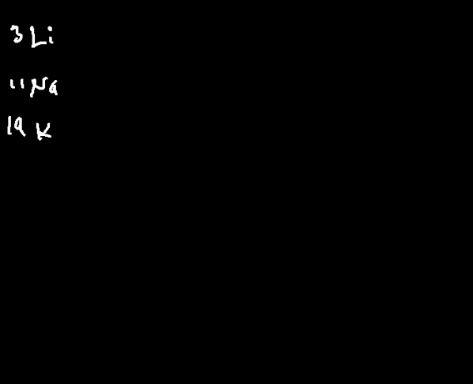And let's say we have rubidium, that is Rb, with atomic number given as 37. Let's say that is the case.